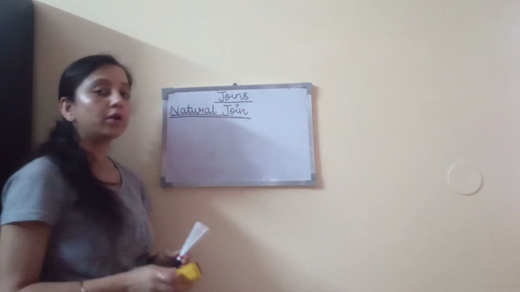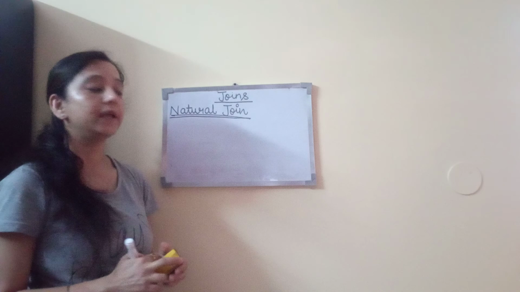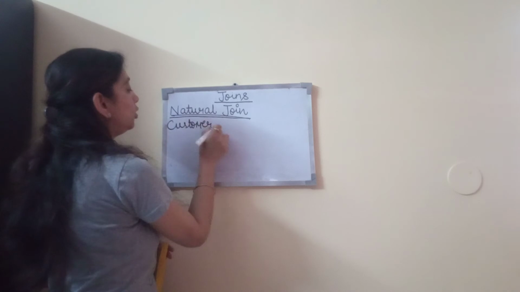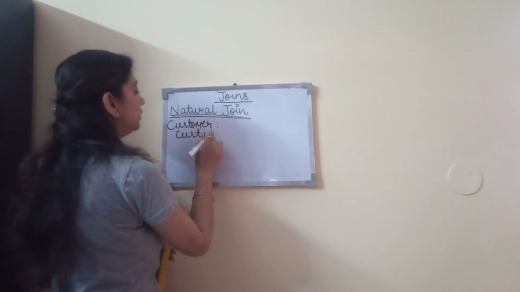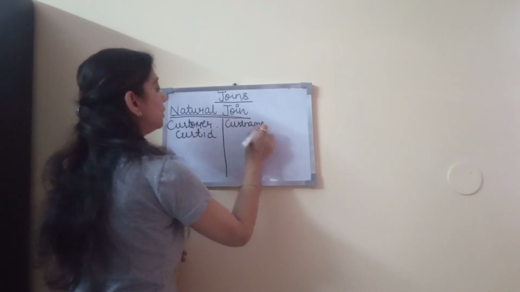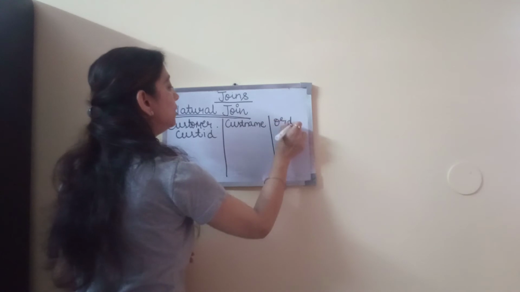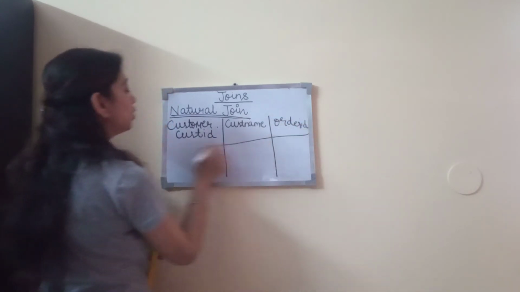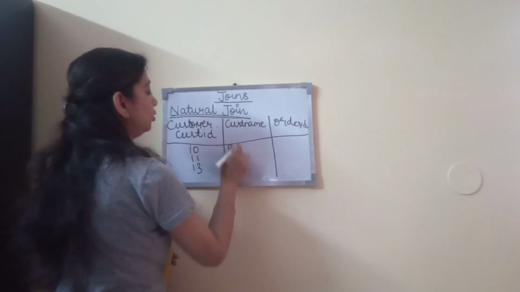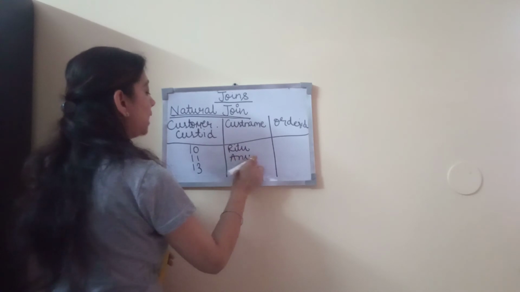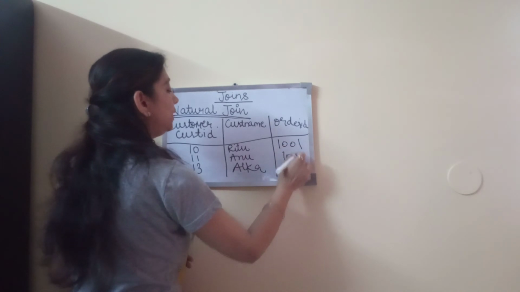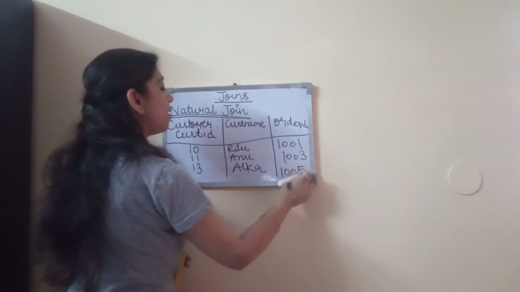So after we run the query, the resultant table that we get would be customer.customer ID, then customer name and order ID. So customer ID is say 10, 11, 13. Customer name is Ritu, Anu and Alka, and the order ID is 1001, 1003 and 1005.